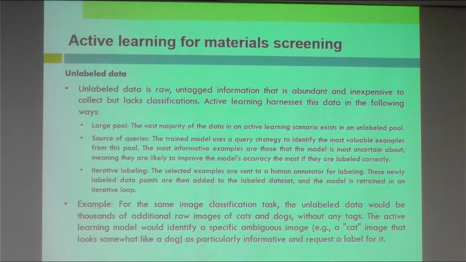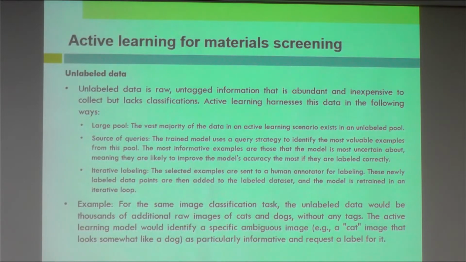So unlabeled data is raw, untagged information that is abundant and inexpensive to collect but lacks classification. Active learning harnesses this data in the following ways. So this is a vast data. Before we label it, active learning needs this data to be labeled before it can be processed by the active query in machine learning.